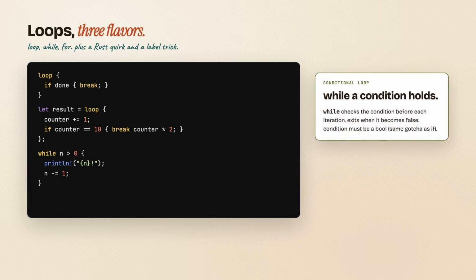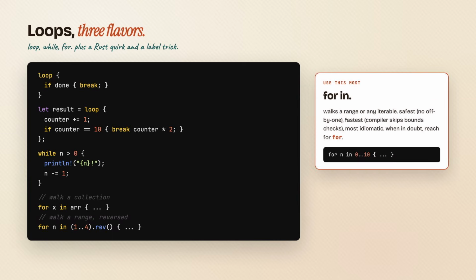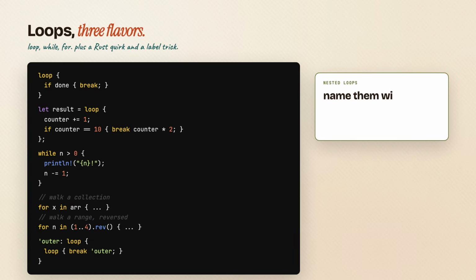In the case of a while loop, it checks a condition before each iteration and exits when it becomes false. Now for loop works on a collection or a range. The most common loop is the for loop that we're mostly all going to write. It's the safest, with no off-by-one bugs, and it's usually the fastest since the compiler can skip bounds checks it knows are unnecessary.